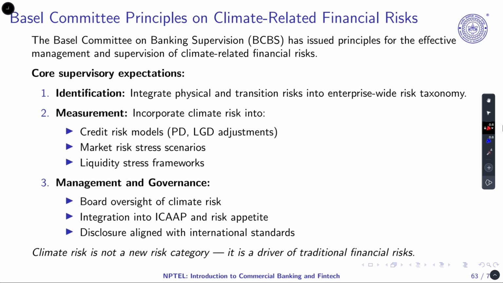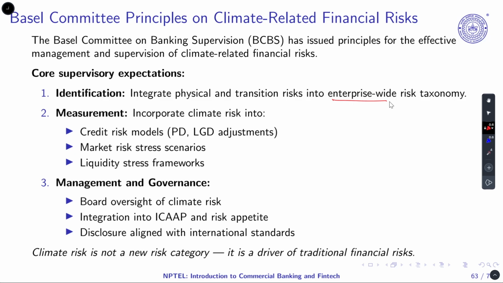It basically gives you the supervisory guidance on integrating physical and transition risk into the enterprise wide risk taxonomy. So this is also one of the important ones. In terms of measurement, they are trying to include climate risk into PD calculation, into loss given default calculation, and those adjustments are important.